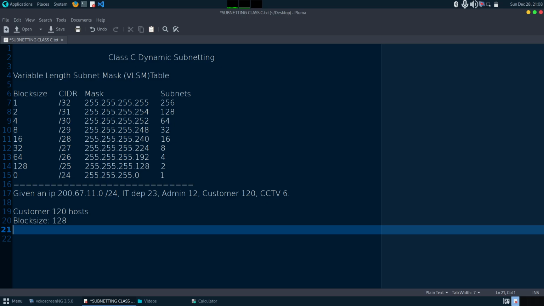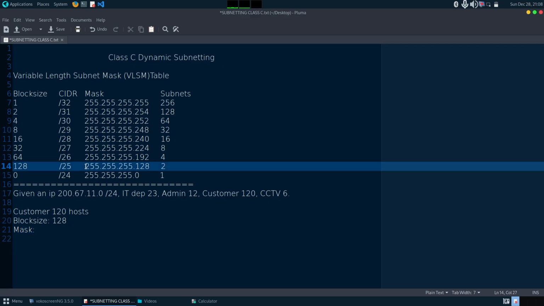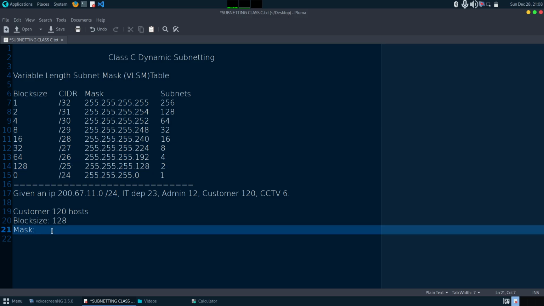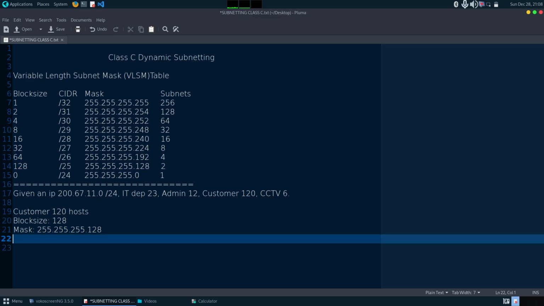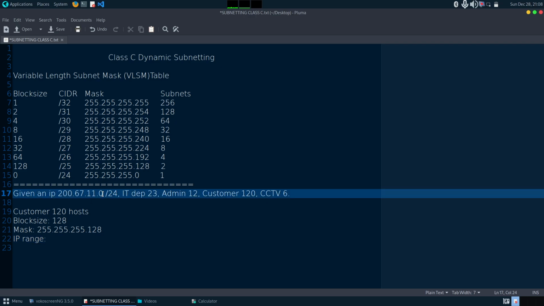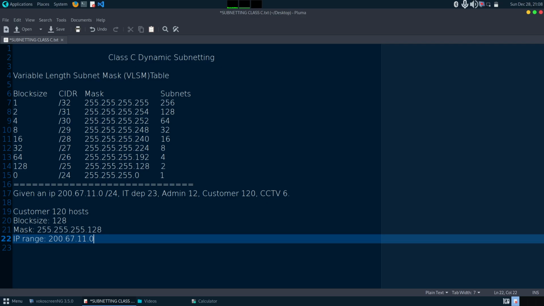Then the next is the mask. What mask are we getting? We are getting the one that is in line with the 120, this one here. Then now it's the IP range. First of all, we take this IP address as its own network address.